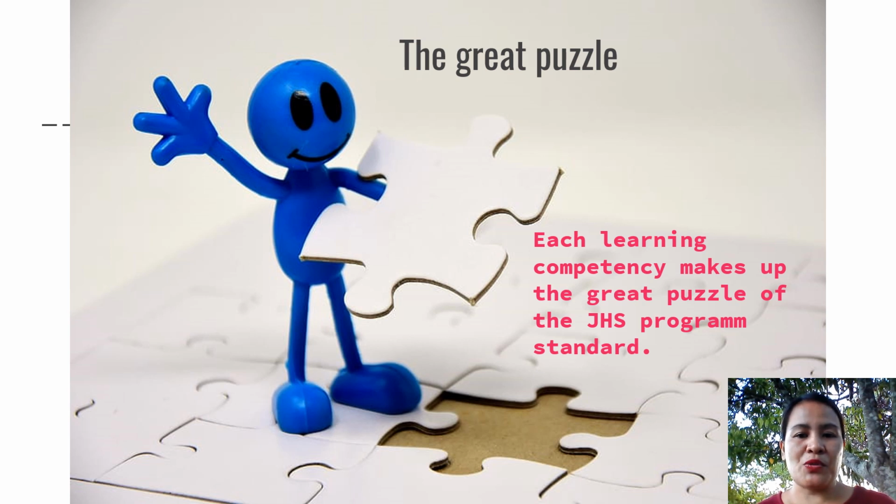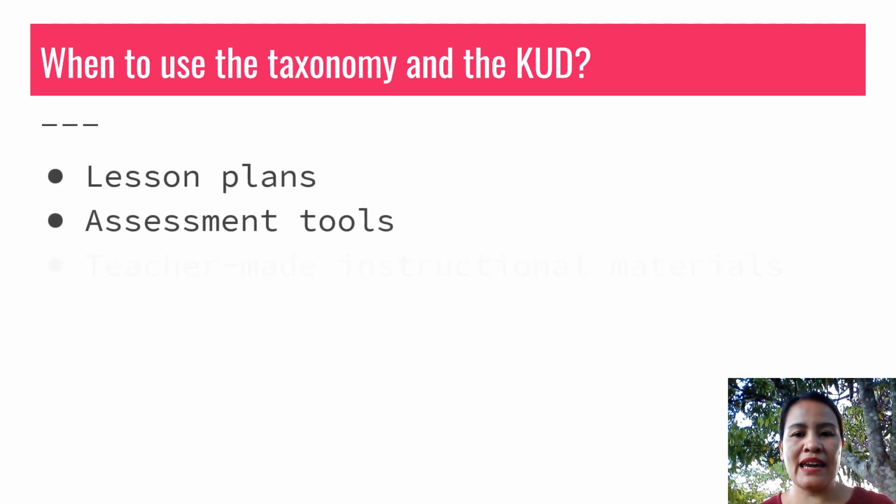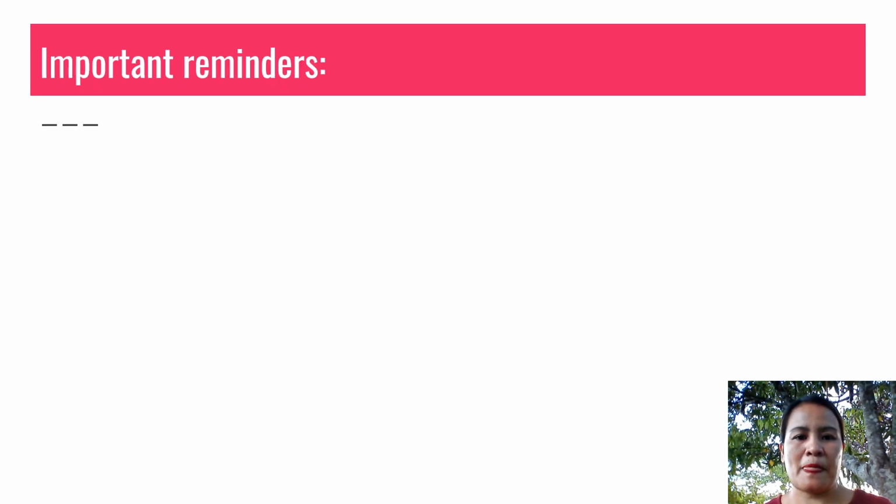So to make up the great puzzle, we can use Bloom's taxonomy or the KUD to create logically sequenced lesson plans. What else? Assessment tools and instructional materials like modules, worksheets, or your SIMs.